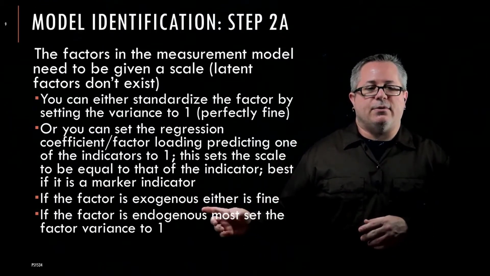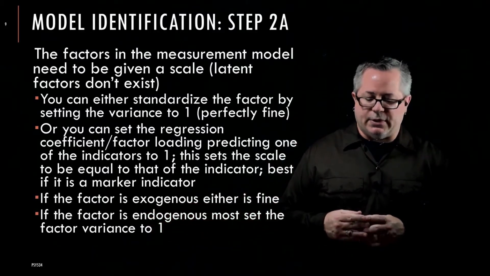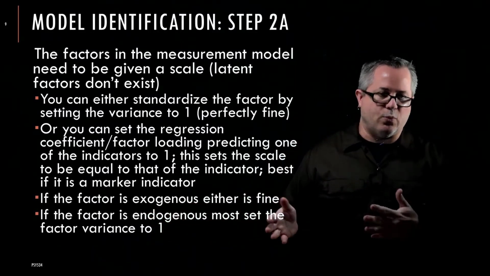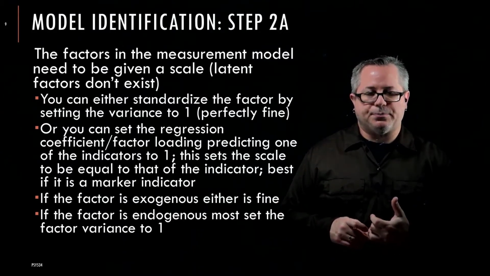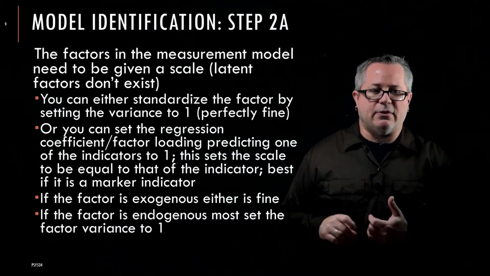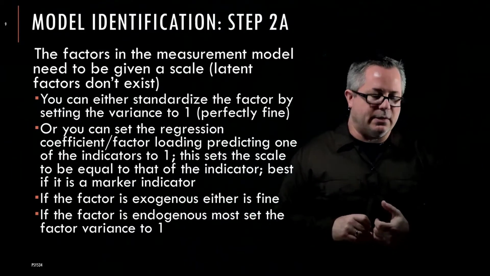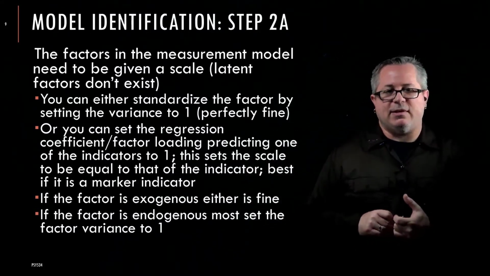If the factor is exogenous, it really doesn't make a difference. You can pick either way. If the factor is endogenous, most of the time, most set the factor variance to 1. Now this is coming out, I think, of Kline's book, and I remember when I was going through this that I don't necessarily agree with this. I think it's actually the other way around.